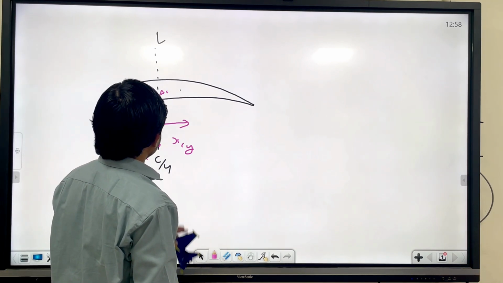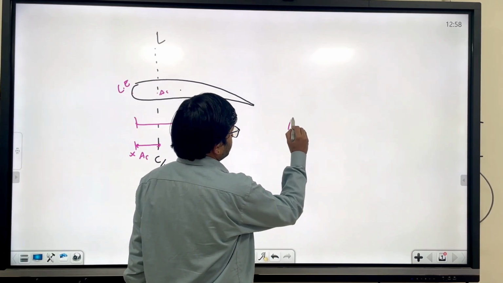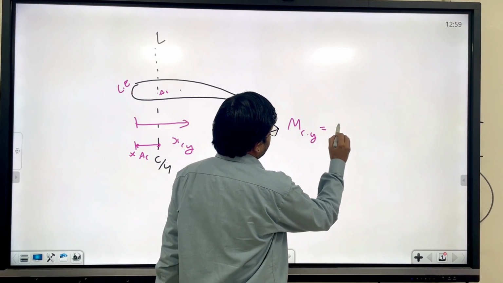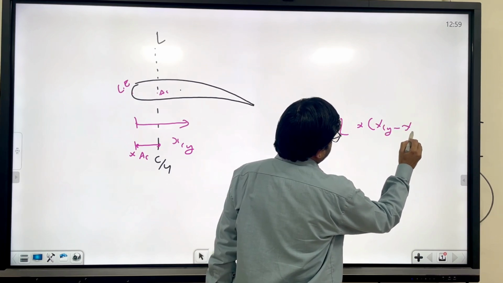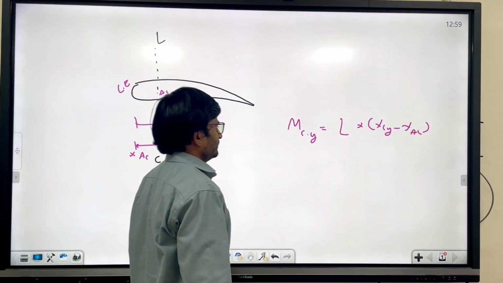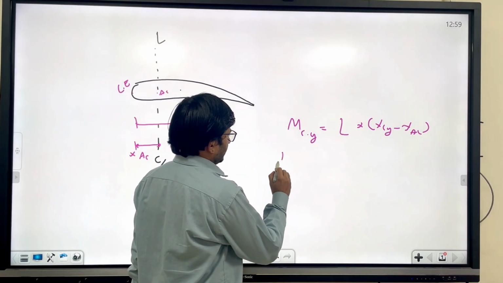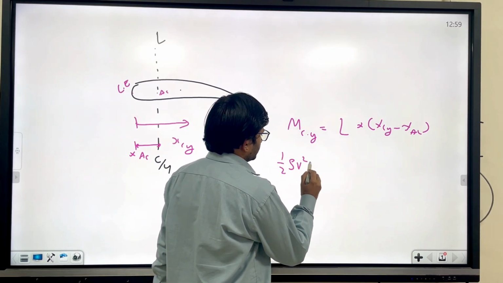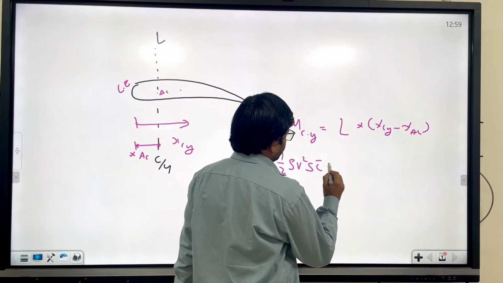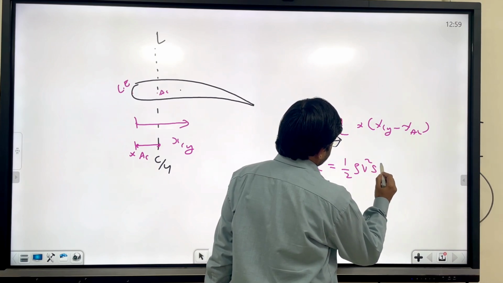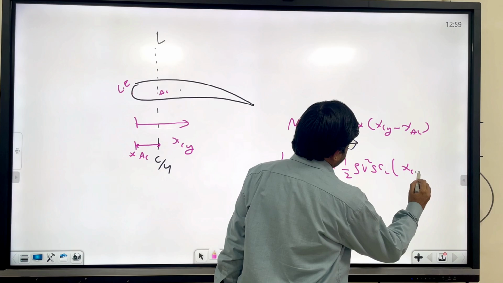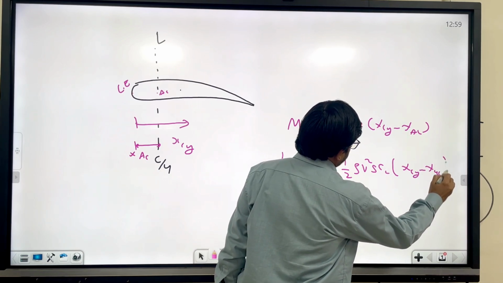I can write the moment about CG like this: moment about CG is L into XCG minus XAC. The moment we can write as half rho V square S C bar Cm, and the lift as half rho V square S CL, times XCG minus XAC.